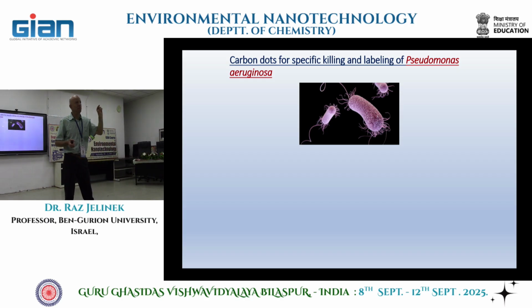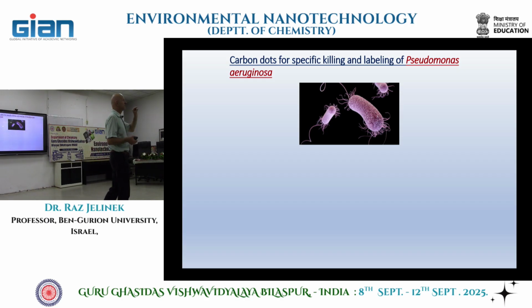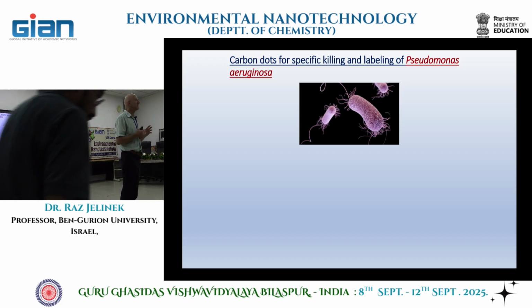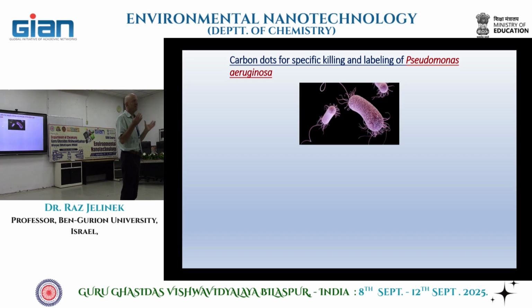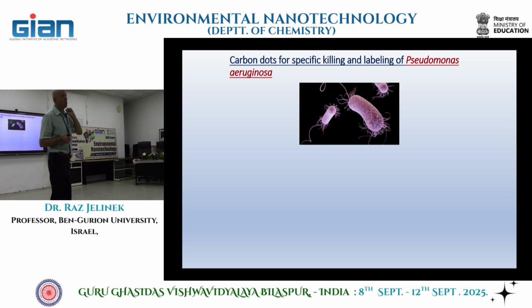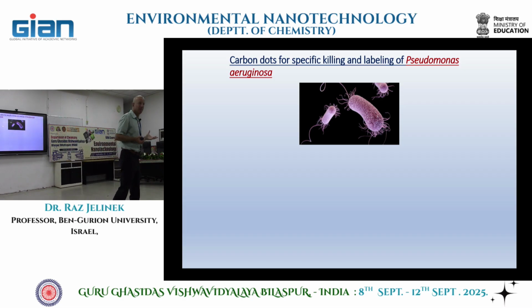If you type in Google Pseudomonas aeruginosa, you will find not so nice pictures of people sick with various diseases. So we definitely want to know if people have Pseudomonas aeruginosa in their bodies, and we want to know if we can kill these bacteria.